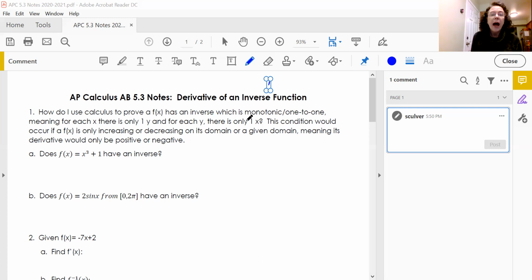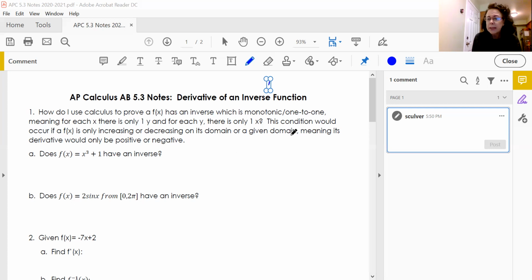So number one, how do I use calculus to prove a function has an inverse, which is monotonic, meaning one-to-one, meaning for each x there's only one y, and for each y there's only one x. And the reason why we care is a function, for each x there's only one y. So if we're going to write the inverse and we want it to be a function, which we prefer, for each y there has to be only one x in the original function.